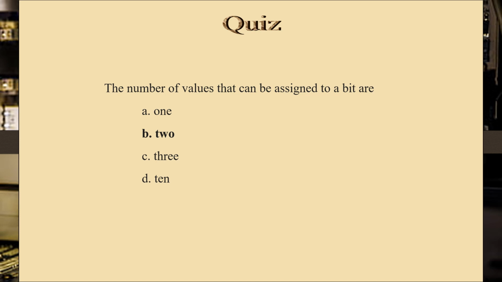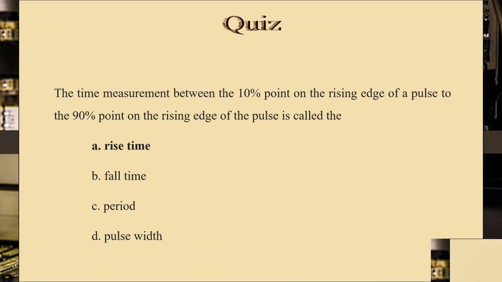The number of values that can be assigned to a bit: a bit can have two values, either 0 or 1. The time measurement between the 10% point on the rising edge of the pulse and the 90% point on the rising edge of the pulse is called the rise time.